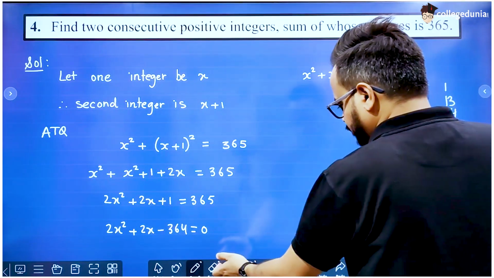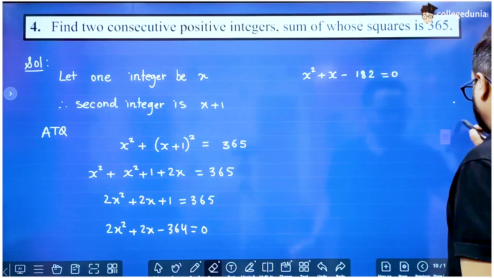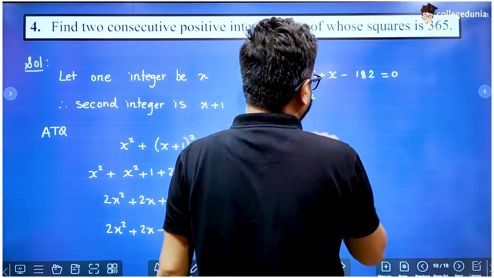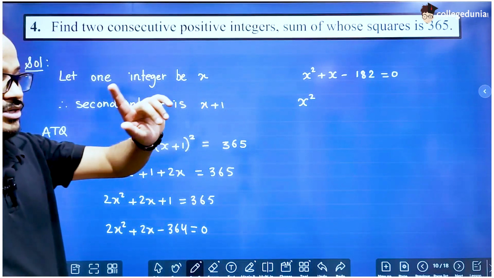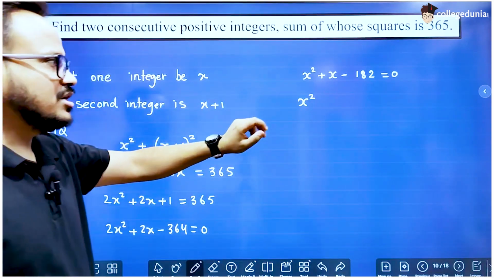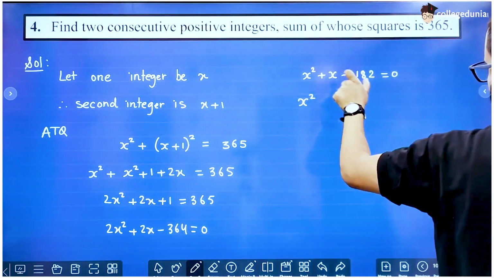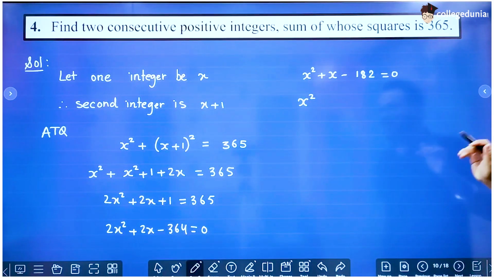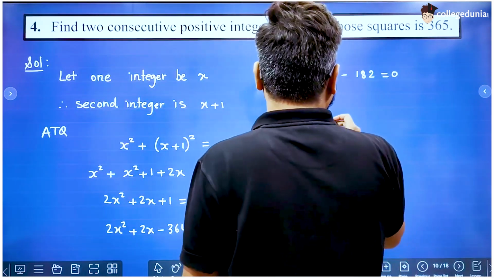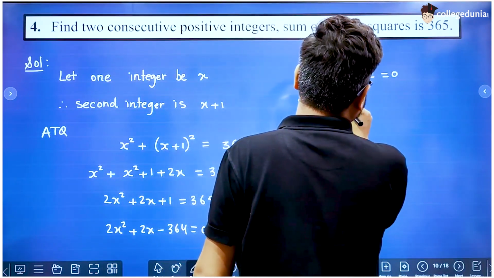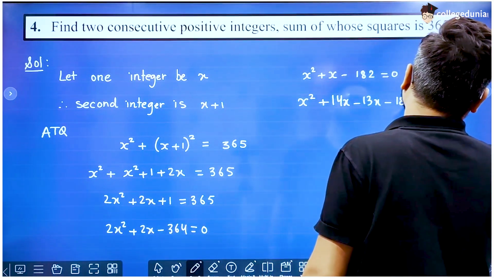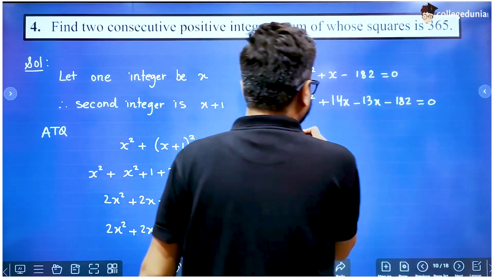Now I think 13 into 14 is 182. Yes. So consecutive integers हमको मिल गए हैं, because in this case now we are solving it by factorization. So in this case the product should be minus 182 x square, and the sum should be x. So x square plus 14x minus 13x minus 182 equal to 0.